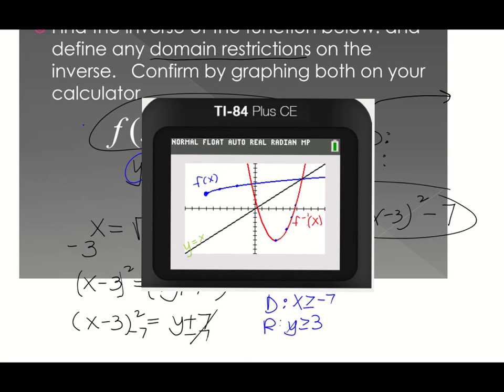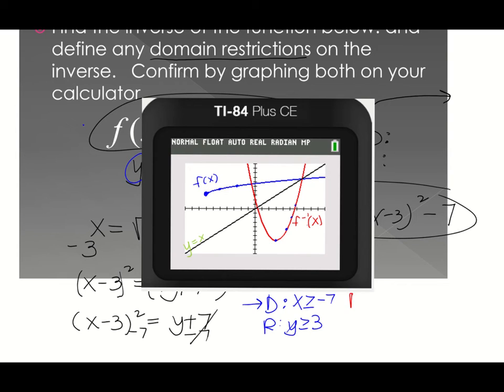So if this is the domain and range of our function, this is what our domain restriction is. Now, we need to put a domain restriction on our inverse, and if our inverse is our x and y switched, it's the opposite of the domain and range of our function.